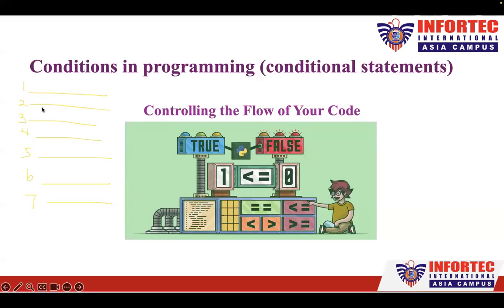Right. So now let's assume these are the lines. So usually how we execute, first we do line 1 and then we do line 2, 3, 4 like that.